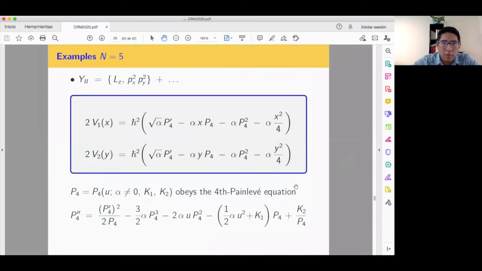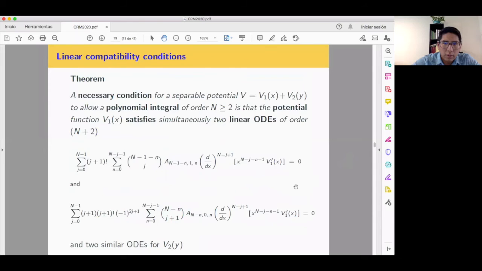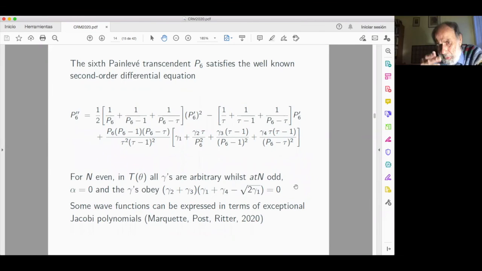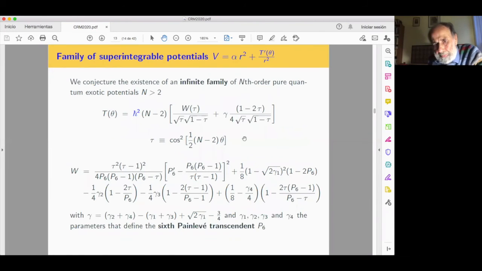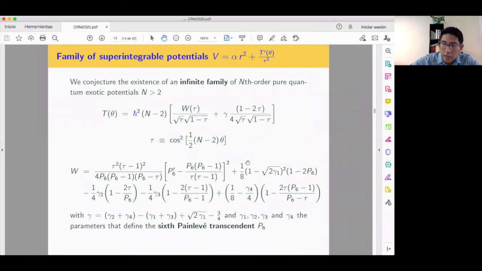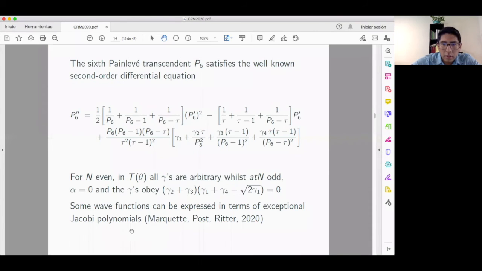So let me go back. The algebra was shown here. So this is the potential, and then this year was Marquette, Post, and Ritter. For a special value of the gammas in the Painlevé sixth equation, it degenerates into a rational function.